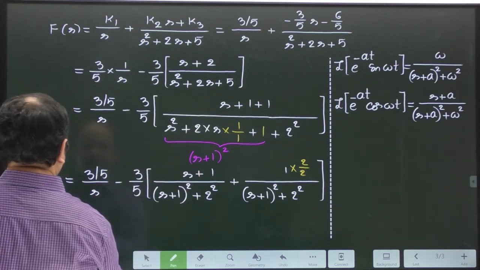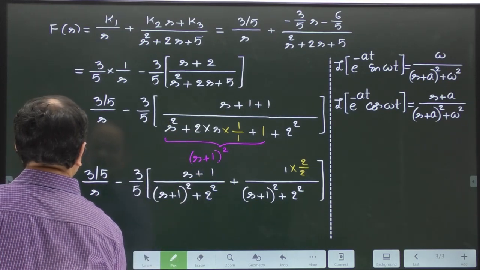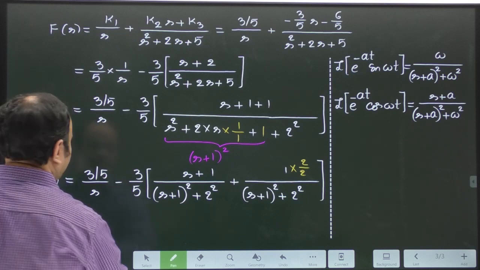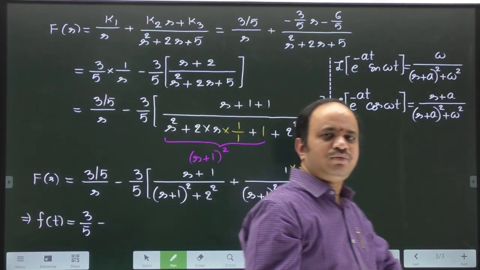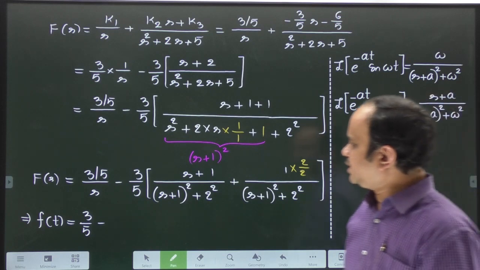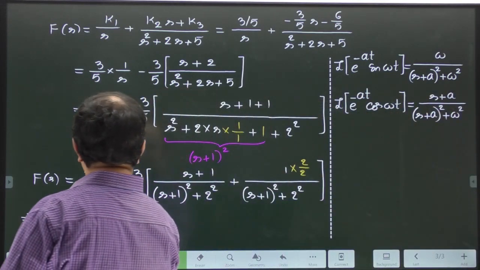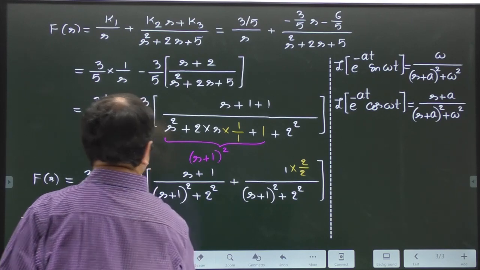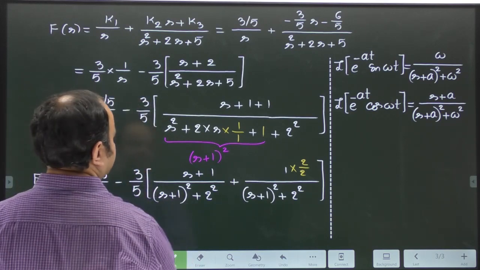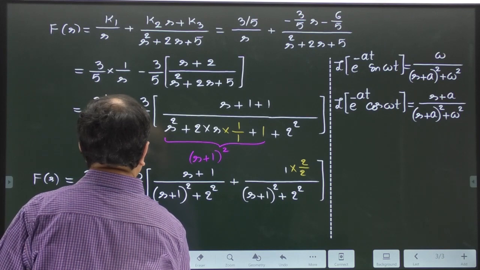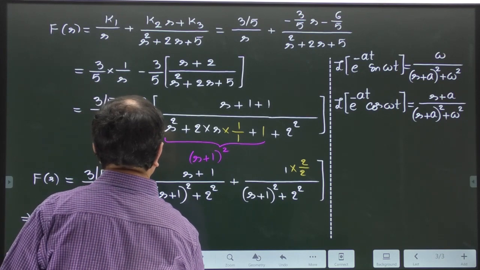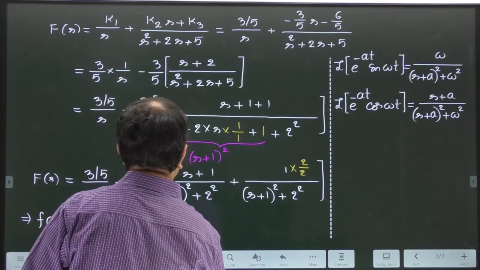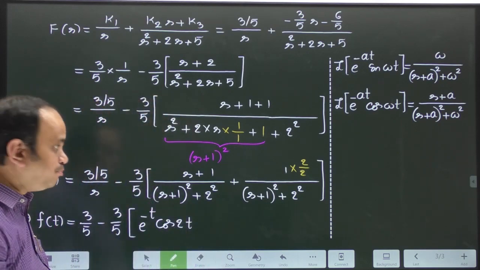So what is inverse Laplace transform for this first term? 3 by 5 into inverse Laplace transform for 1 by s. That will give you 1 minus 3 by 5 into, so what is this? E power minus t cos 2t, okay, plus.